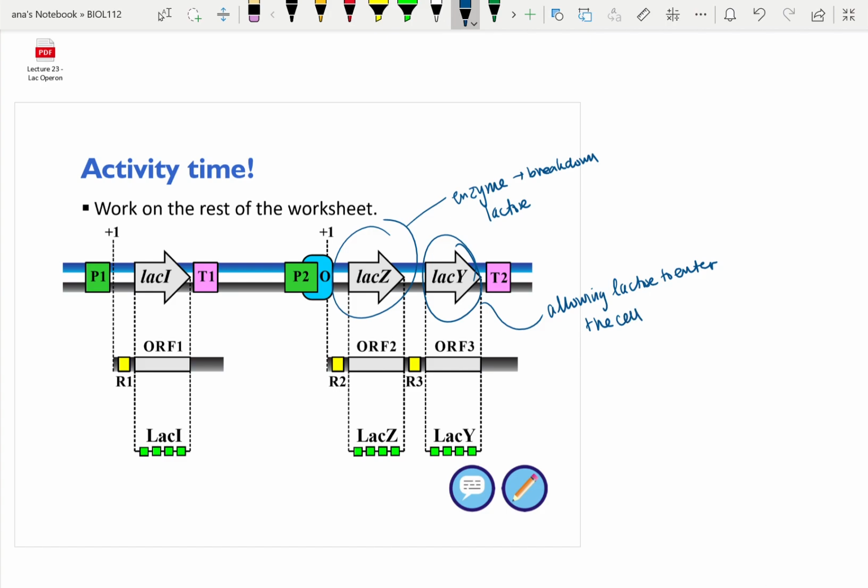Right, so now in terms of the repressor protein, the lac operon is controlled by a repressor protein.